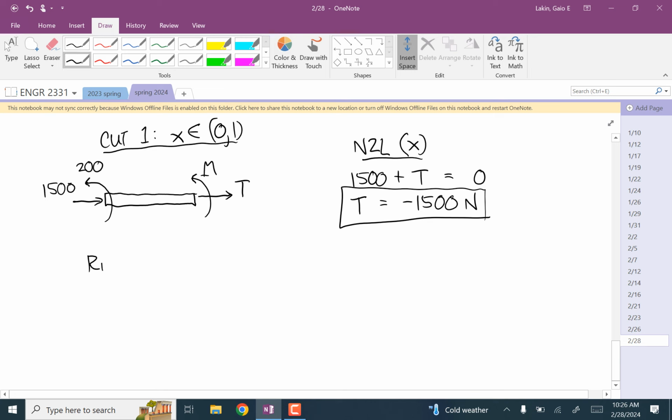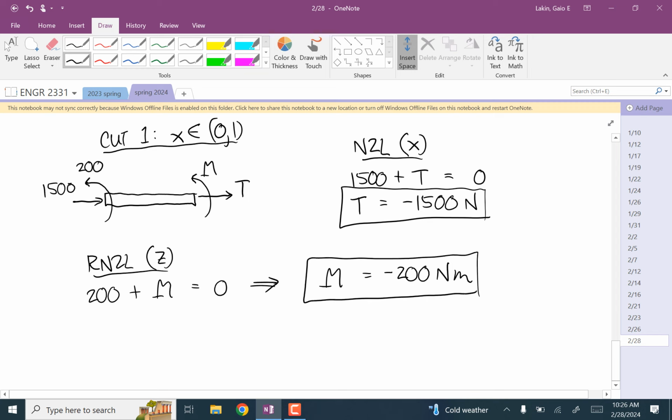And then the moment equation, just about the z-axis, we have 200 plus M is equal to 0. So the bending moment is negative 200 Newton meters. And since this cut represents the whole beam, that's the internal tension and internal bending moment everywhere inside the beam.